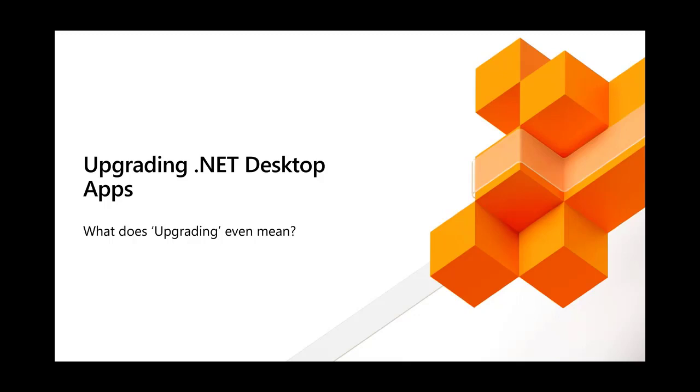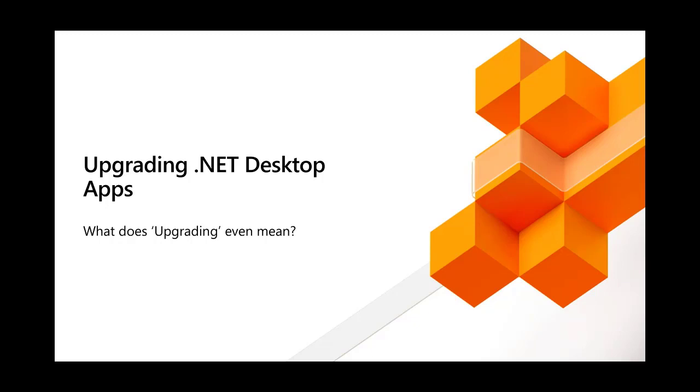Before all of this work the team was doing, to upgrade your WPF or WinForms app you had to pretty much rewrite it to UWP, and there wasn't a lot of uptake on that kind of ask for developers.